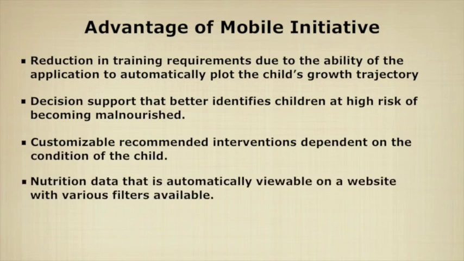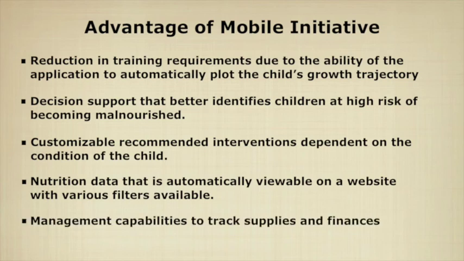Data that is automatically viewable on a website with various filters available. Management capabilities to track supplies and finances. These advantages, along with many others, will assist programs such as the THOSH program in San Lucas Tolimán, Guatemala, in achieving their ultimate goal of improving health outcomes.